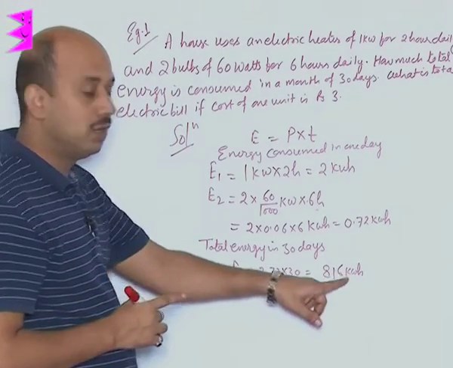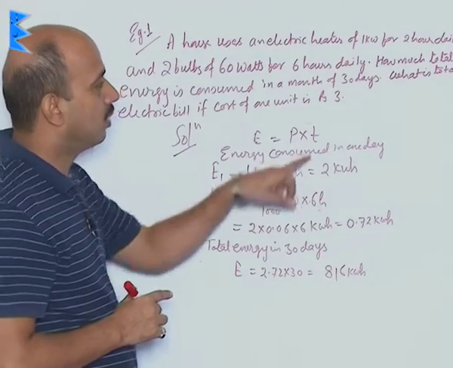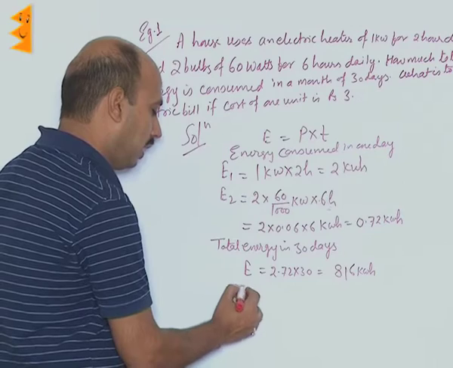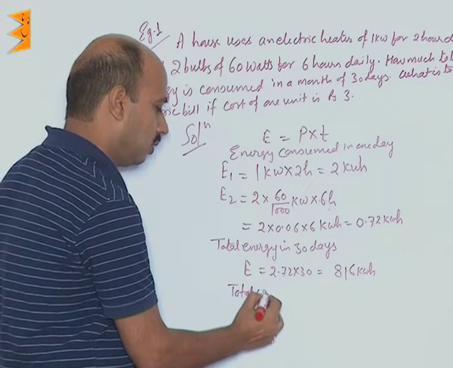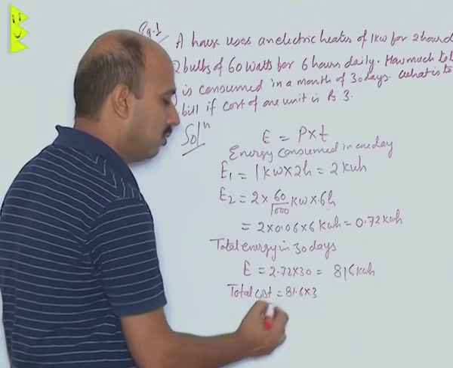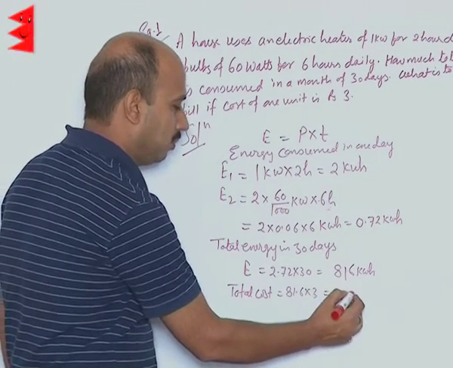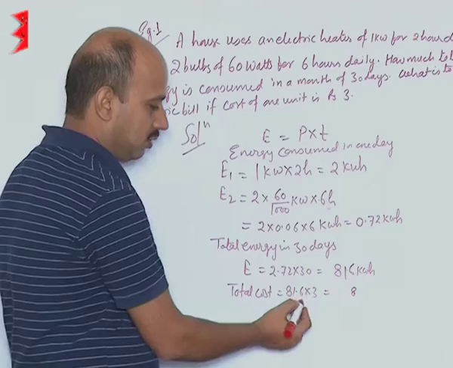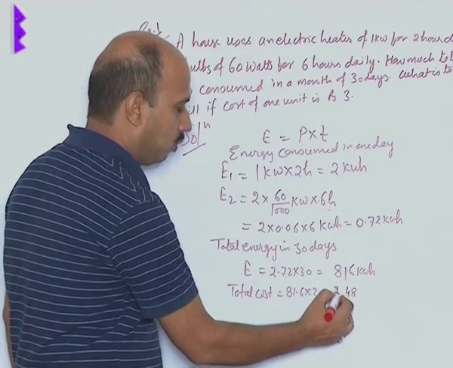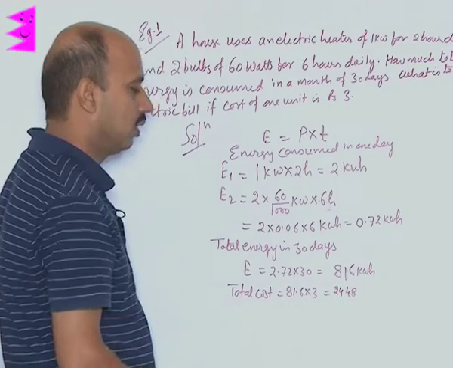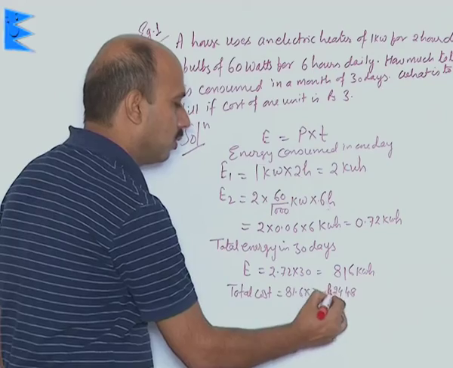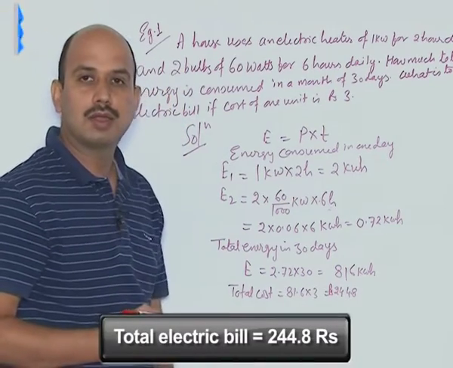This is the total unit, 81.6 units, and the cost of 1 unit is rupees 3. So total cost we can write 81.6 into 3 rupees, that will be 244.8 rupees. This is the total electric bill.